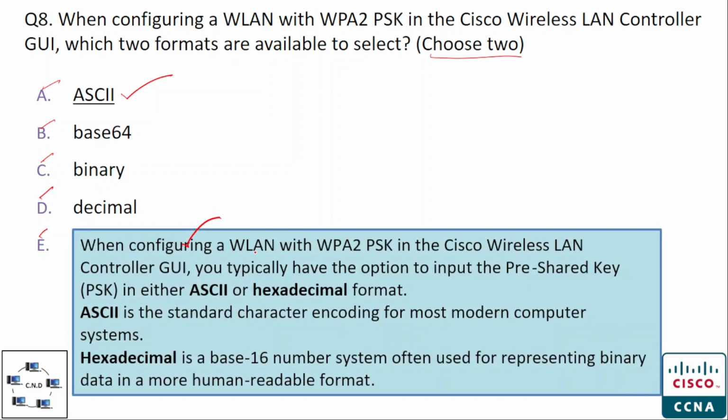When configuring a wireless LAN with WPA2 PSK in the Cisco Wireless LAN Controller GUI, you typically have the option to input the pre-shared key in either ASCII or hexadecimal format. ASCII is the standard character encoding for most modern computer systems. Hexadecimal is a base 16 number system often used for representing binary data in a more human-readable format.